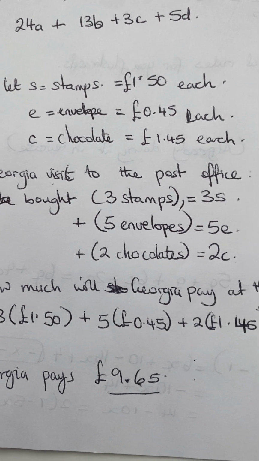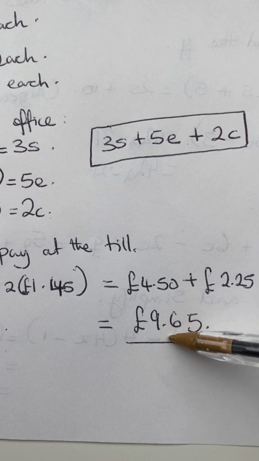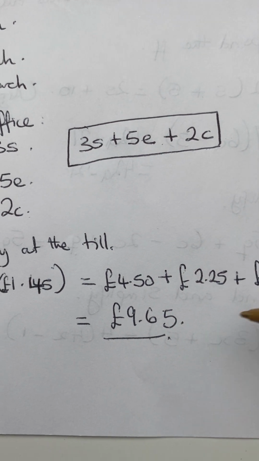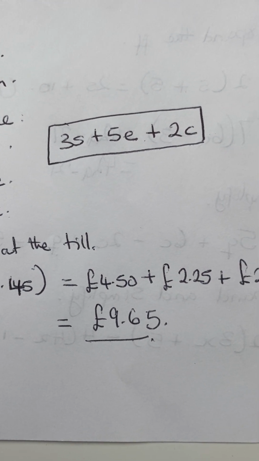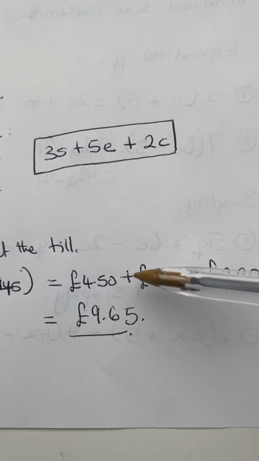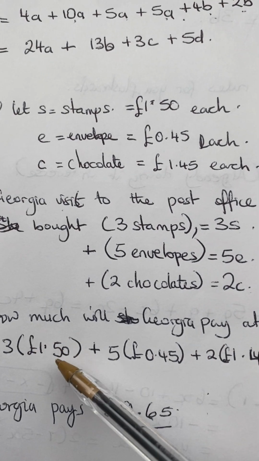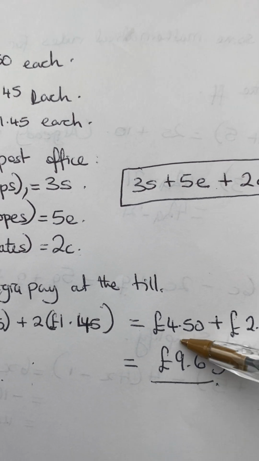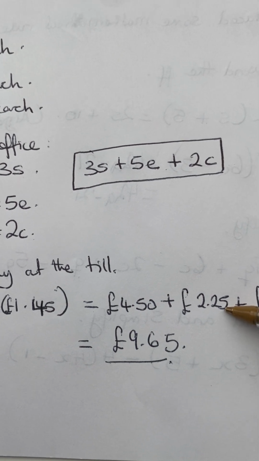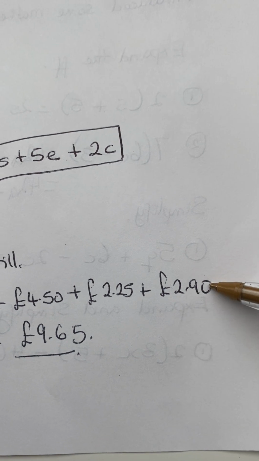Okay, so at the till, they will give her a price of £9.65. But Georgia can also do the calculation before she gets to the till, so that she doesn't have a surprise in case she hasn't got that amount of money. So 3 times £1.50 is £4.50. 5 times 45 pence is £2.25. 2 times £1.45 is £2.90.